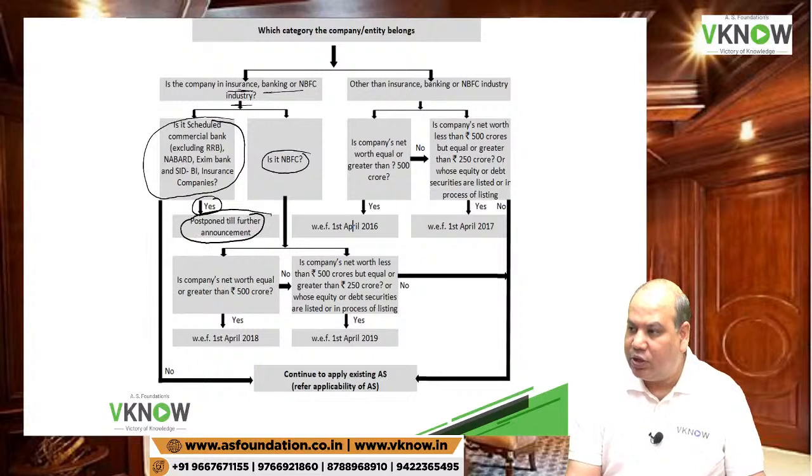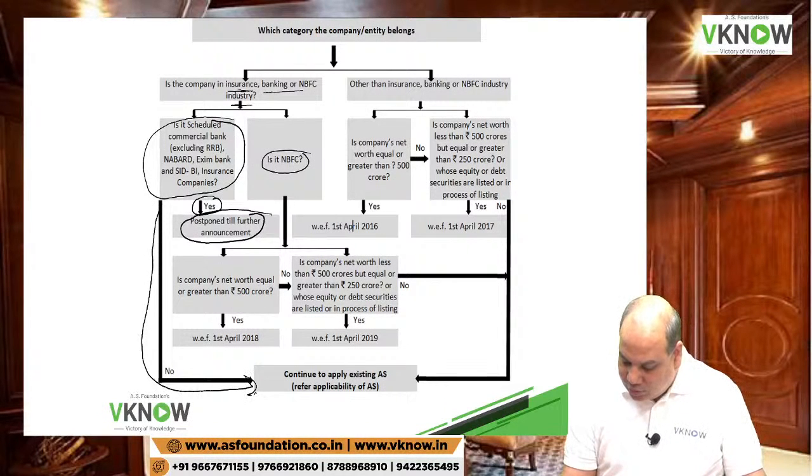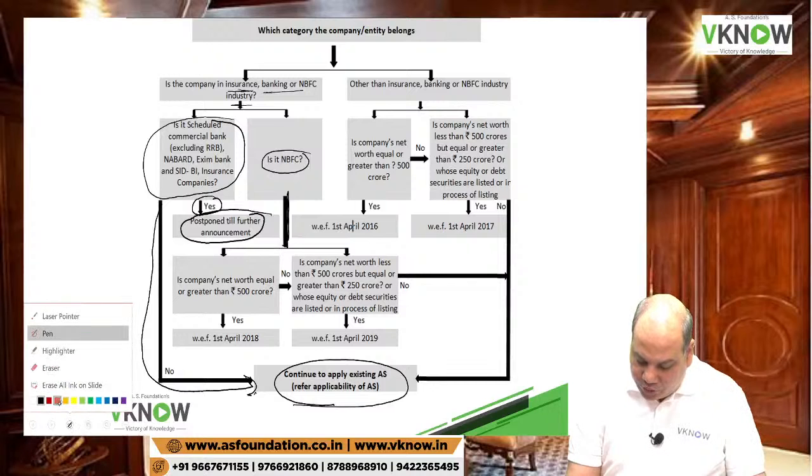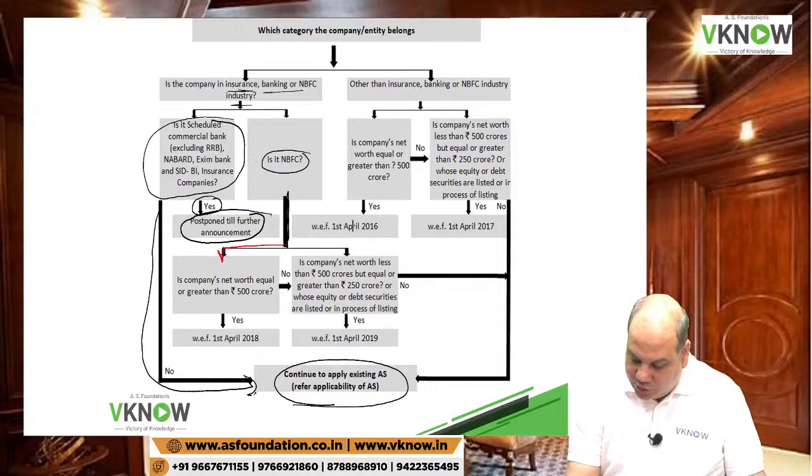postpone till further announcement. Okay, and then you take this arrow, go here. Right now they will continue to apply the existing accounting standard. But then if it is an NBFC, here we are here, I'll take a different color pen. Come to left side.